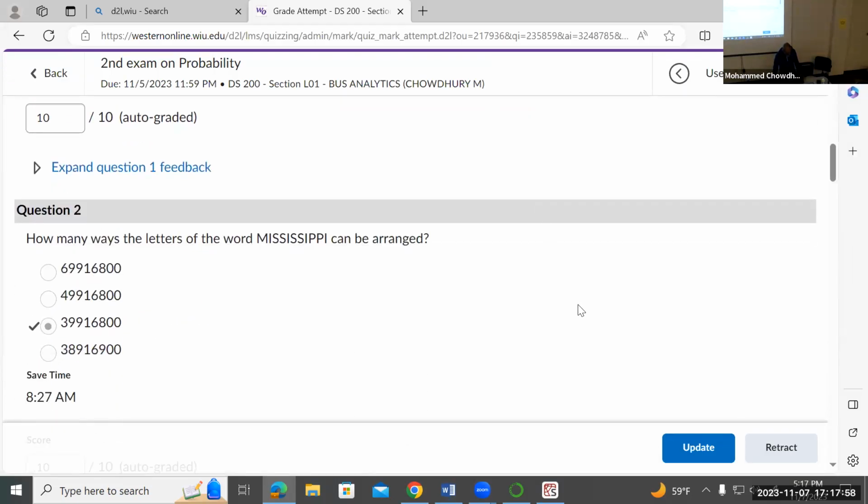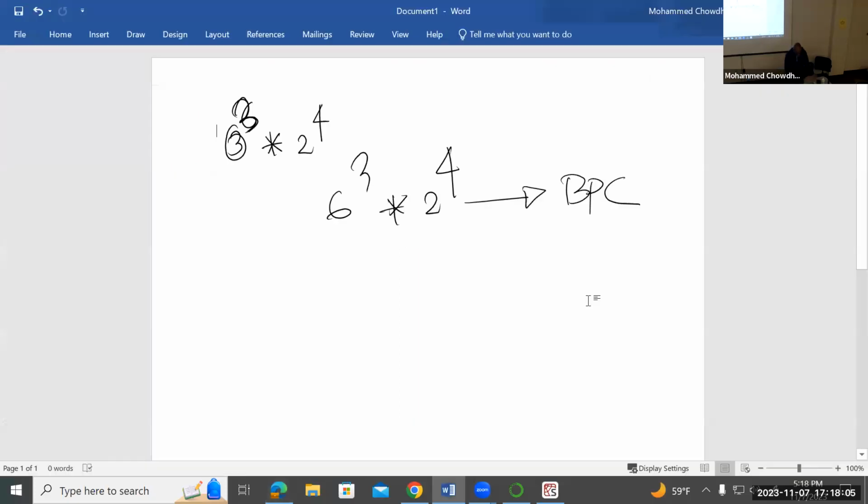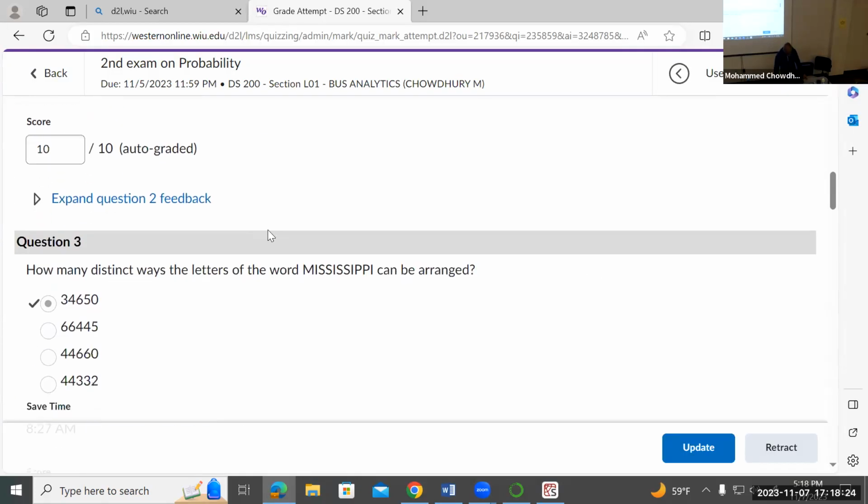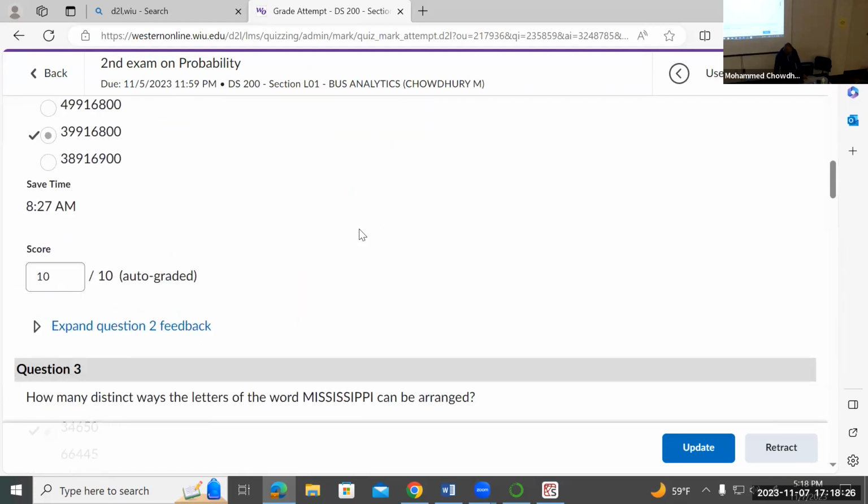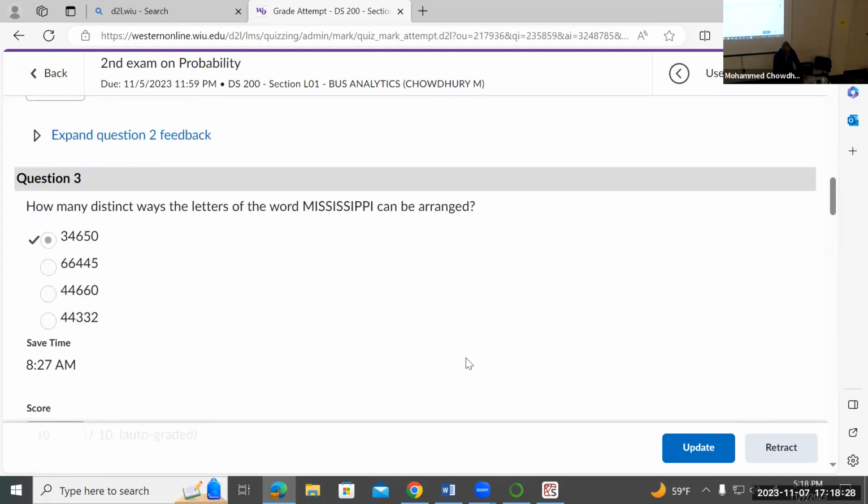How many ways can the letters of the word Mississippi be arranged? 1, 2, 3, 4, 5, 6, 7, 8, 9, 10, 11. So that is number 1. Number 2 is 11 permute 11, which is equal to factorial 11, right? How many distinct ways can the letters of the word Mississippi be arranged?